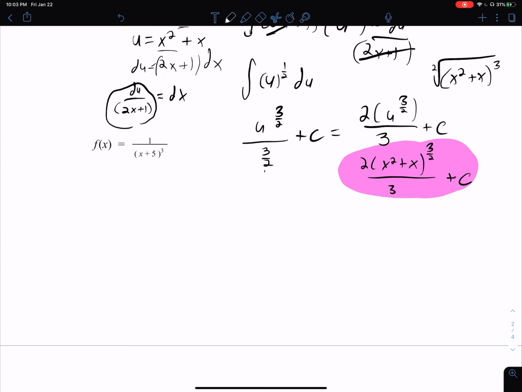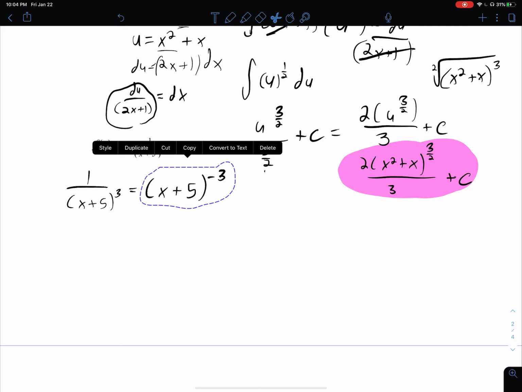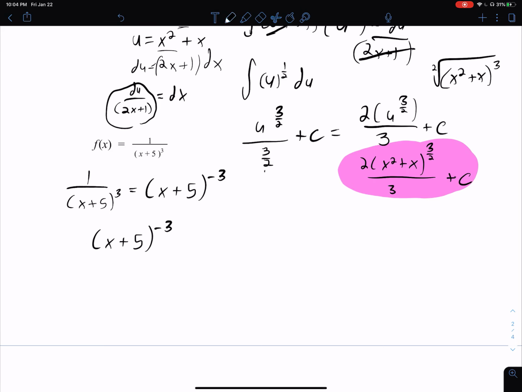Okay, so this right here, if you have to use algebra, is the same as x plus 5 to the negative 3. And then we're just going to integrate that. So you integrate that.